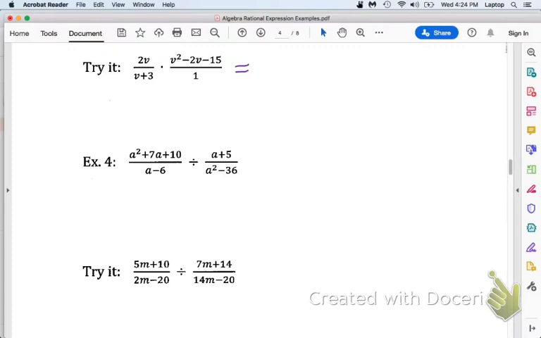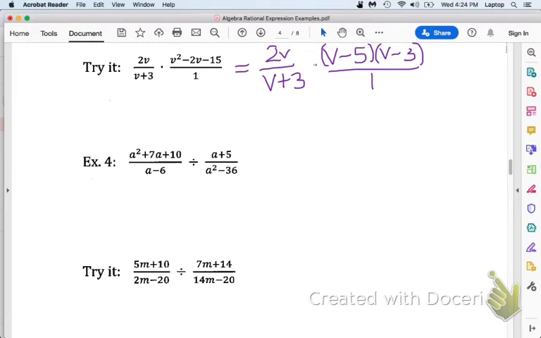So we'll have 2v over v plus 3 times, and then the factored form. We're looking for factors of negative 15 that sum to negative 2. So I'm thinking that's going to be negative 5 and positive 3. So I'll have v minus 5 times v minus 3, and all that over 1.